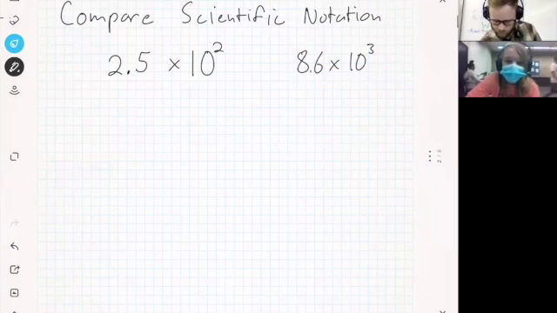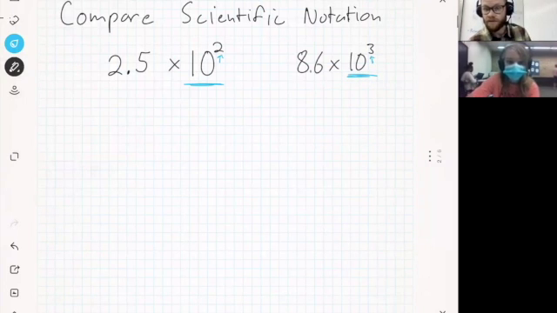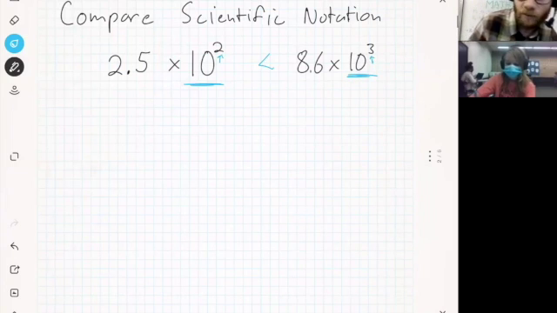We have 2 and 3. Yeah, so we've got 10 to the second power here, so that's 2, and then 10 to the third power, which is 3. And so we can determine that one is bigger than the other really fast just by looking at the exponents, right? So we've got 2 and 3. 3 is bigger, so 8.6 times 10 to the third is going to be larger.